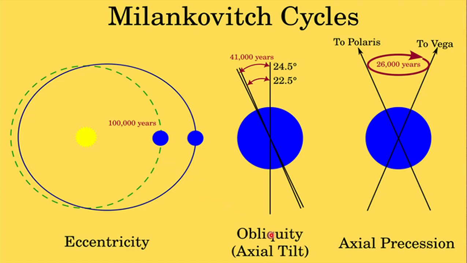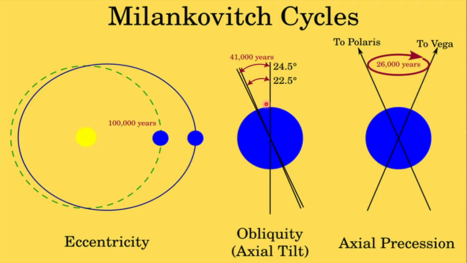Then obliquity. We already know the earth is tilted at 23.5 degrees on its axis, but this tilting is not stable. This tilting varies from 22.5 to 24.5 degrees, changing within 24,000 years, and this tilting change affects the climate.